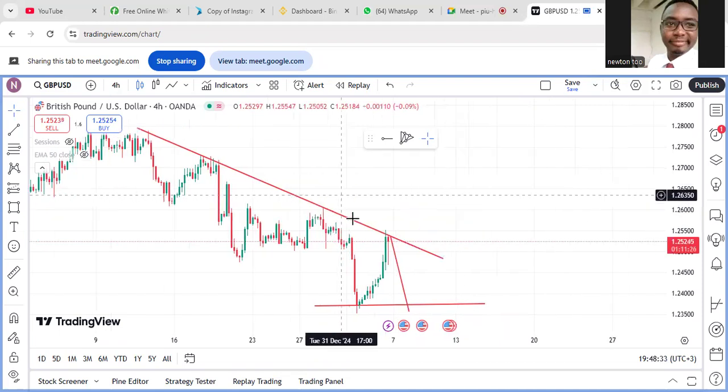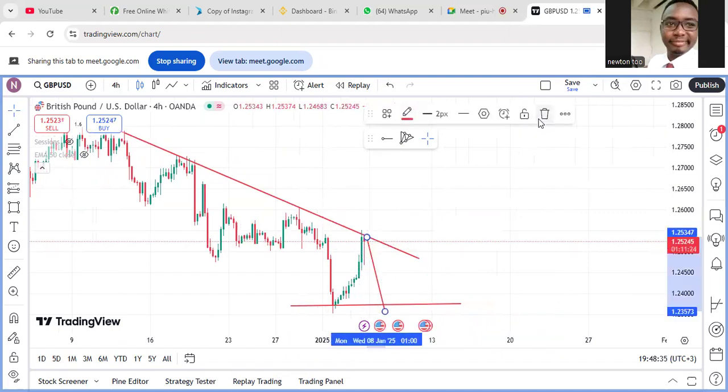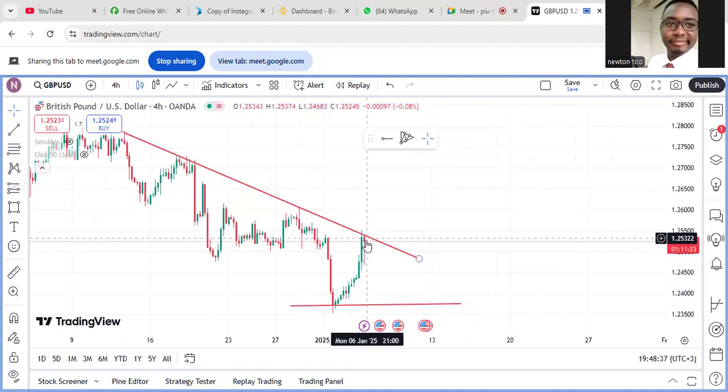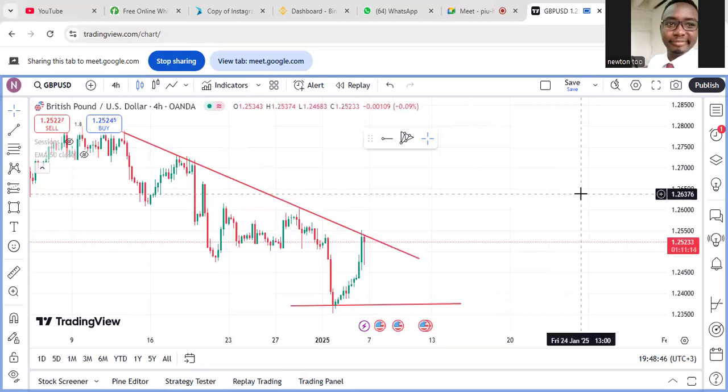Like here, there's someone maybe who is waiting for this candle to close, then to enter, maybe to enter sell. Because now it's remaining 1 hour for this candle to close.